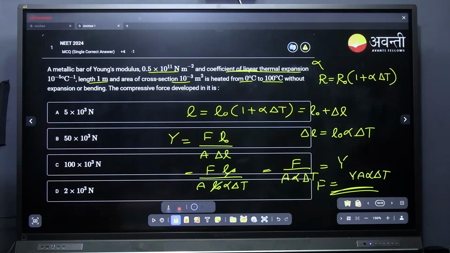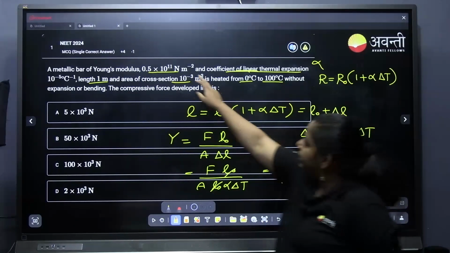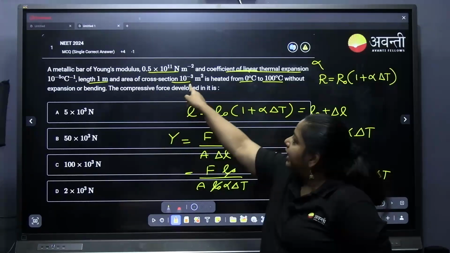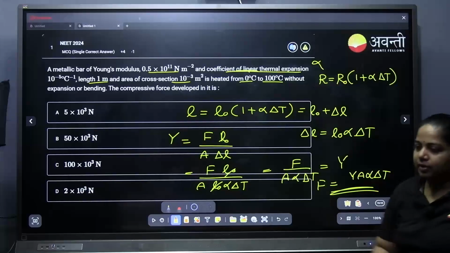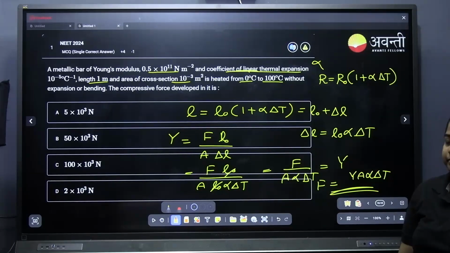Anyone got the answer? This is Y alpha area of cross section delta T. Option B. B, are you sure?